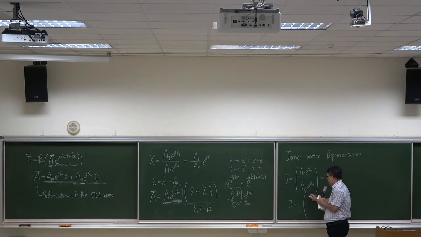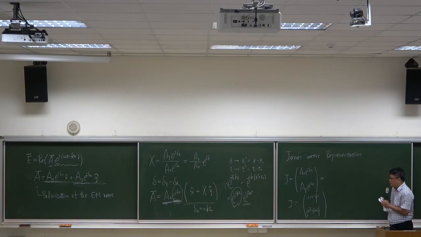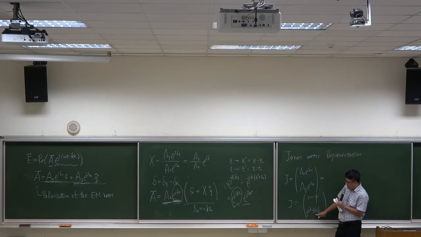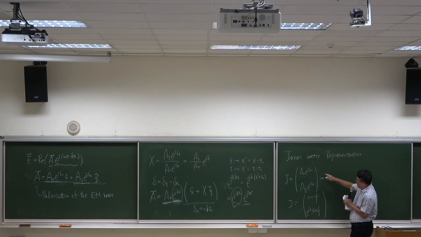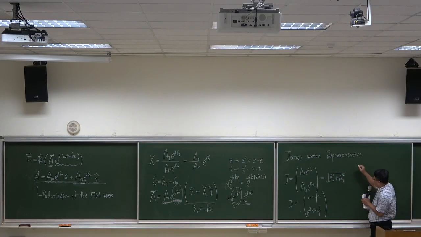form cosine psi, exponential i delta sine psi. I can explain what cosine psi and sine psi are. We can factor out the absolute value of the square root of A_x squared plus A_y squared, and I can also factor out exponential i delta_x.